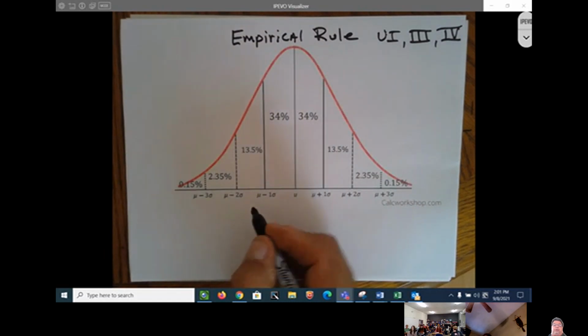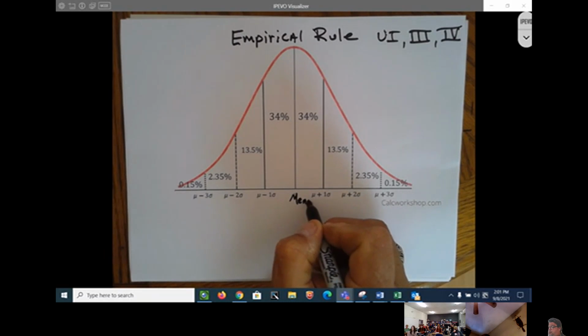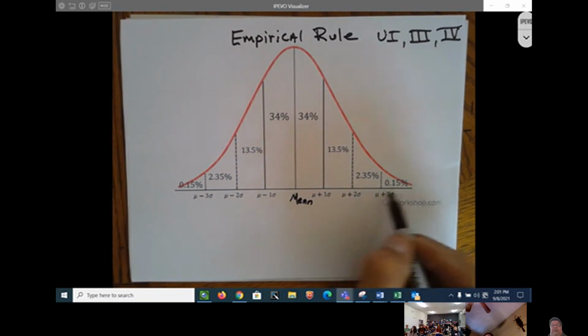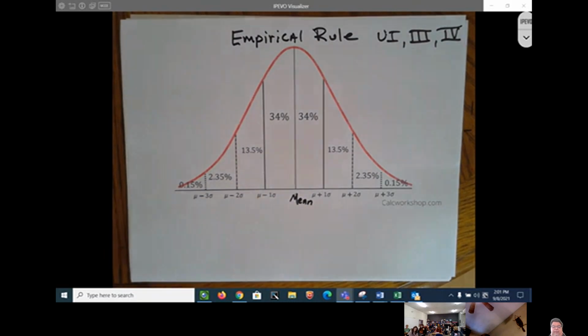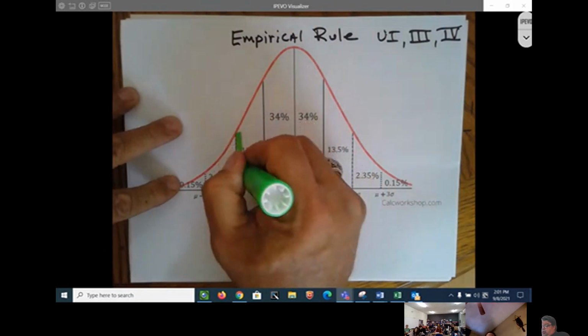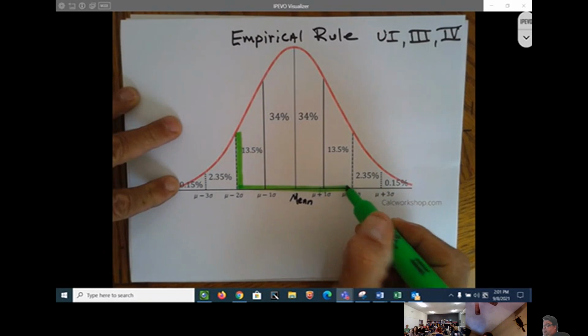The empirical rule states that the mean is in the middle. You add the standard deviations on the right. You subtract the standard deviations on the left. The normal area is 68%, 95%.